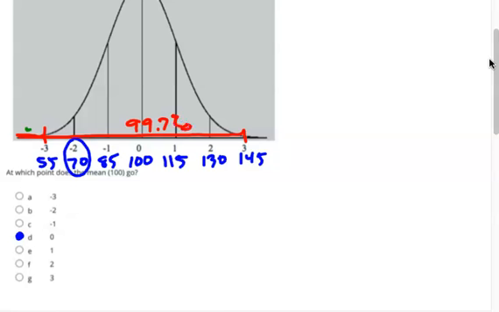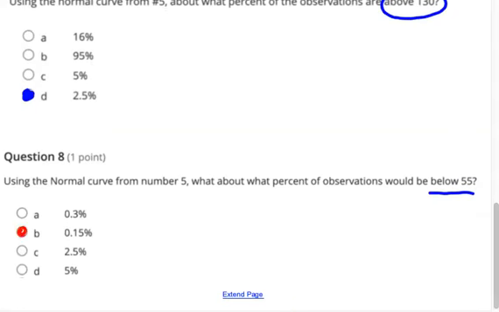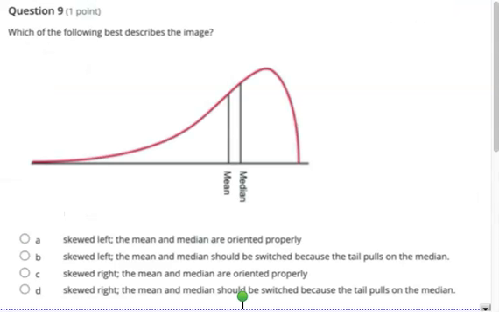So there's a total of 0.3% left to be above and below. So this is going to be 0.15%, and this is going to be 0.15%. So below 55 would be 0.15%. Okay, that's called using the 68, 95, 99.7 rule.